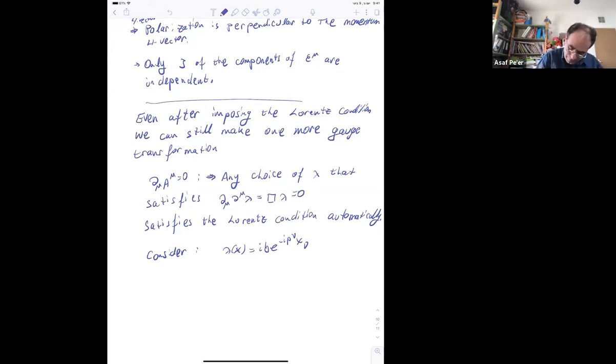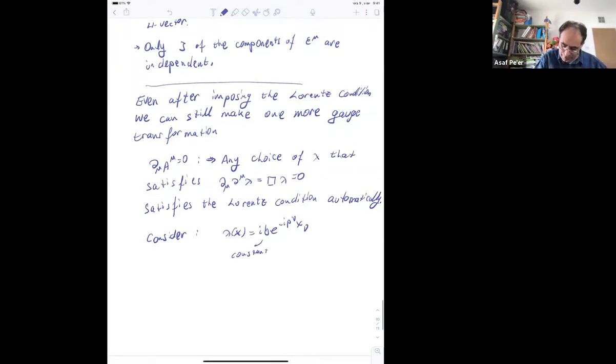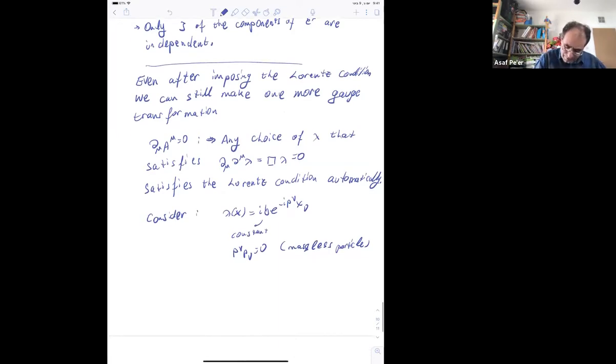And of course, p_ν satisfies the condition p_ν p^ν equal to 0 for a massless particle. That's a necessary condition. And of course, this gives us the Lambertian of lambda is just minus p squared λ, which is just 0.